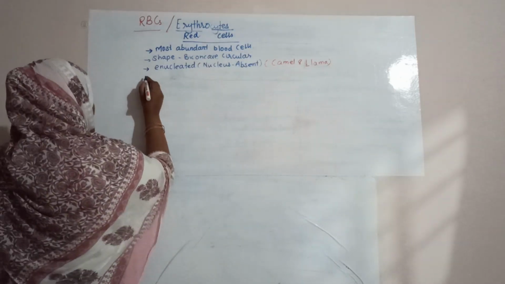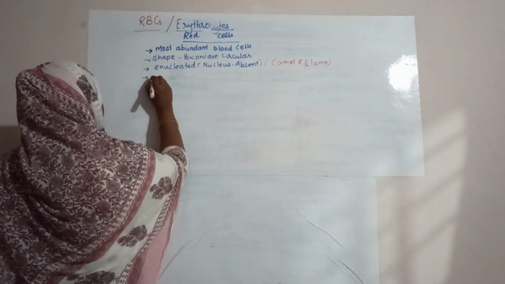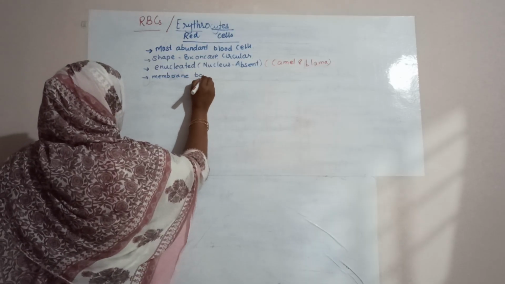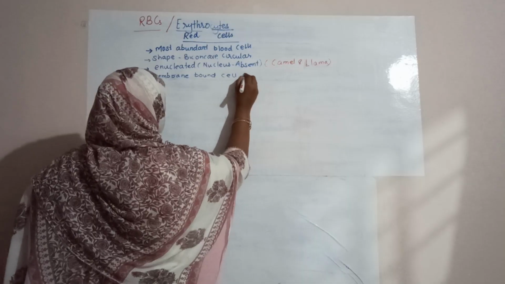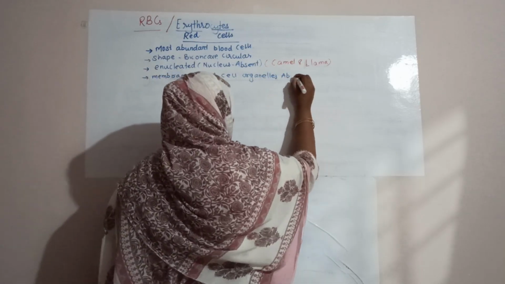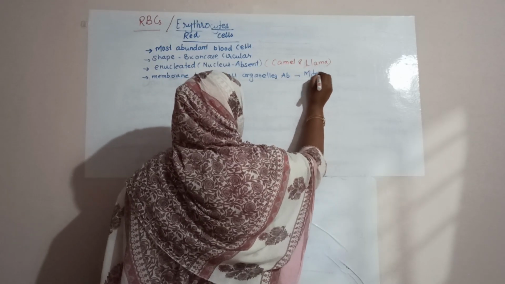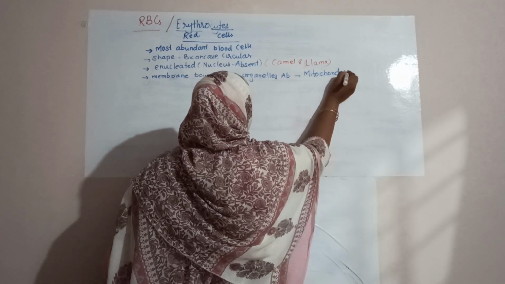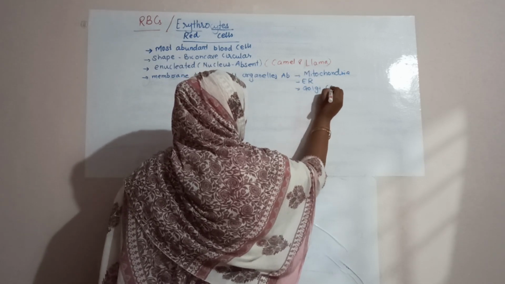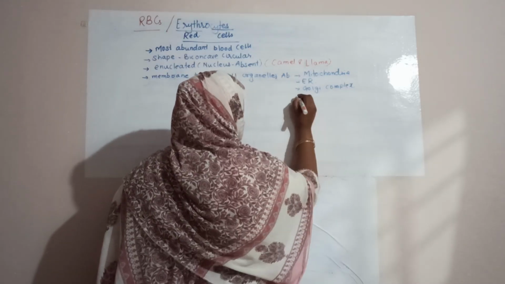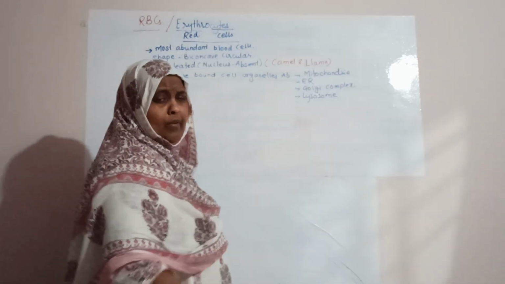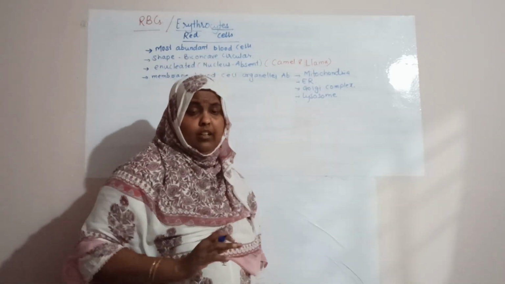The next one: in an RBC some membrane bound cell organelles are also absent. Which cell organelles are absent? The first is mitochondria. Second, endoplasmic reticulum. Third, Golgi complex. And the next, lysosome. You know the membrane bound cell organelle concept very well because we studied it in the cell chapter.